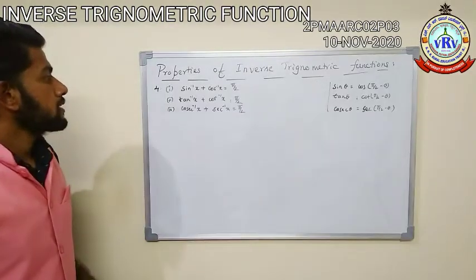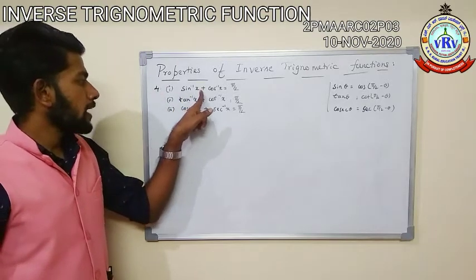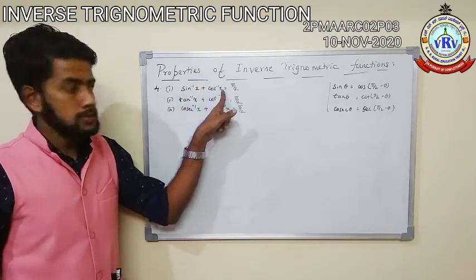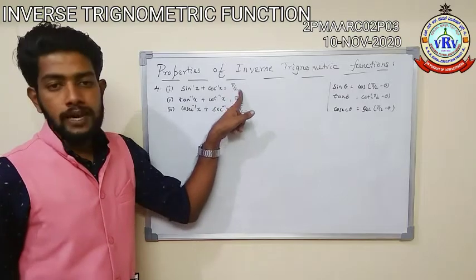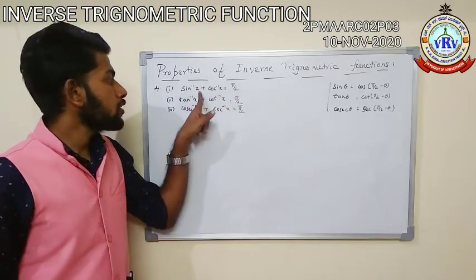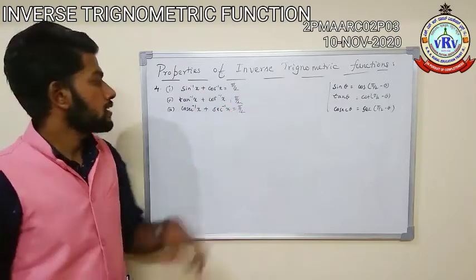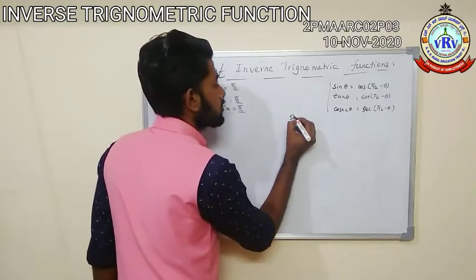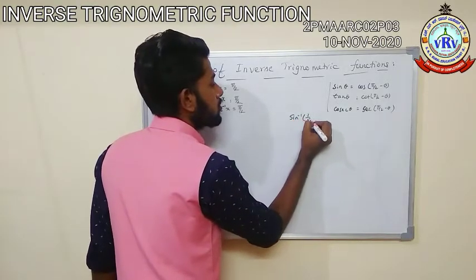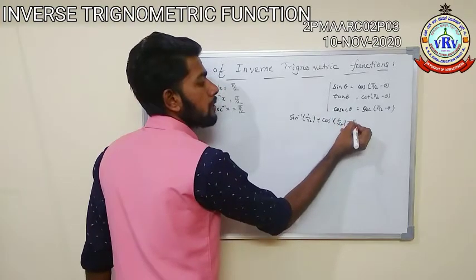In the fourth property, the first subpart is sin inverse of x plus cos inverse of x, which is pi by 2, that is 90 degrees. If you take any x, sin inverse of x plus cos inverse of x, the value is 90 degrees. For example, sin inverse of 1 by root 2 plus cos inverse of 1 by root 2 is equal to pi by 2.